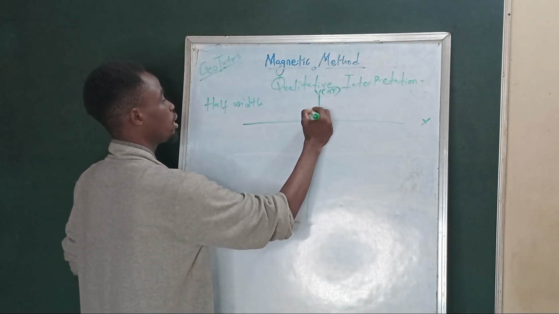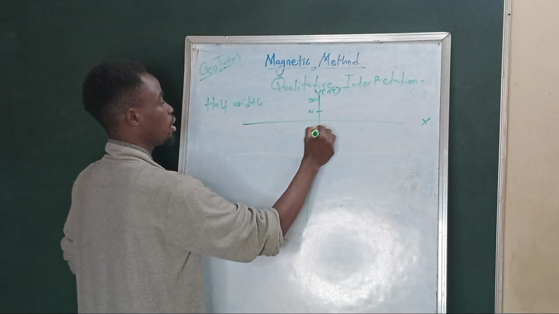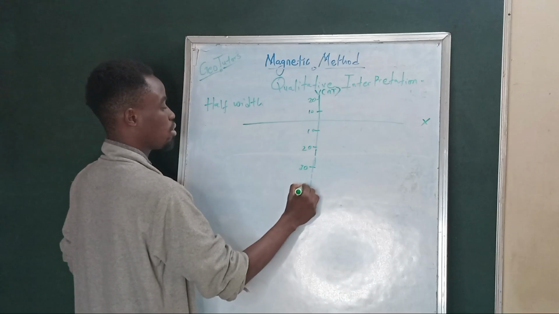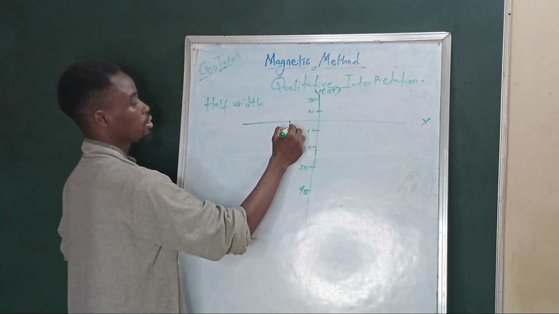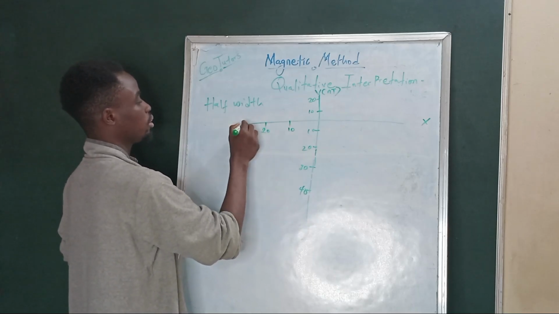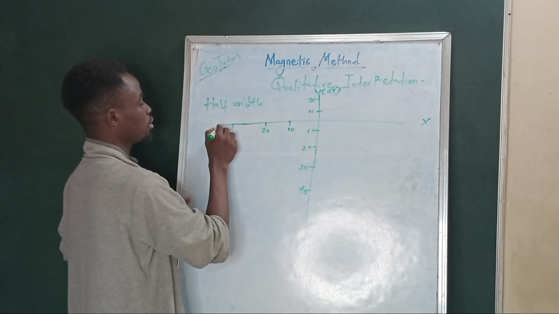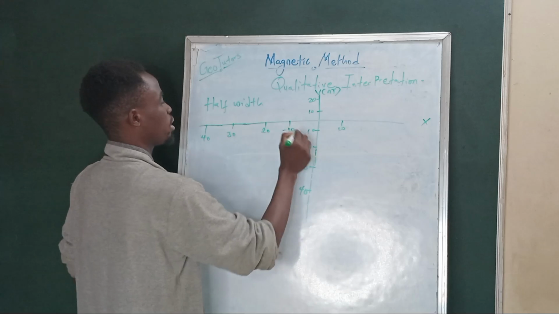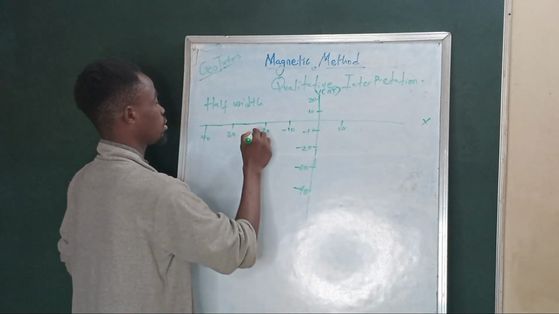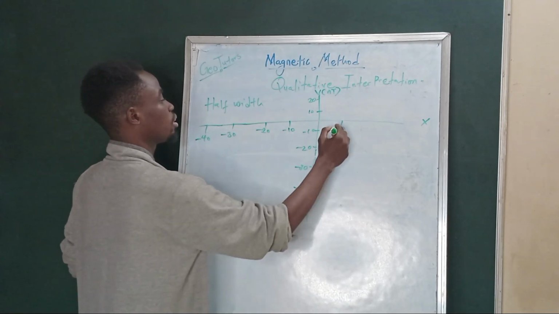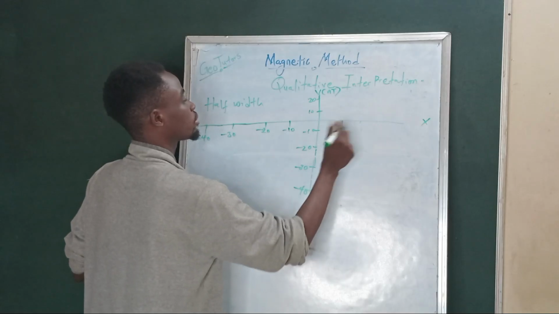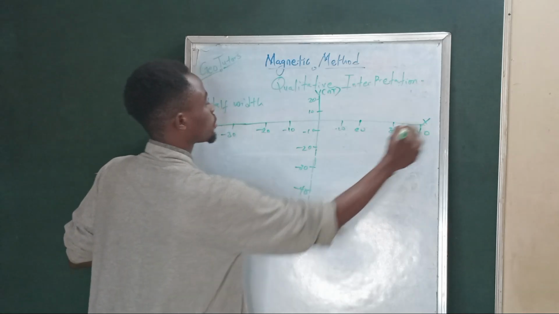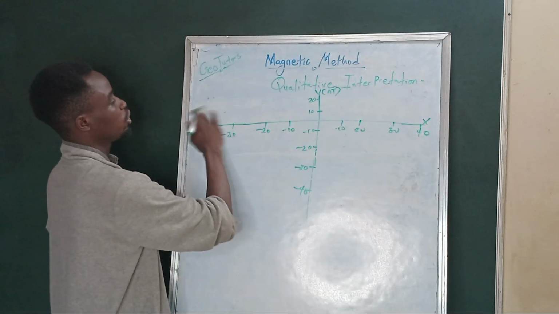Let's say we have a scale of 10, 20, 30, and 40 on the x-axis, and here on the y-axis we also have 10, 20, 30, and 40, with the negative values below. Good, so we're doing half width.